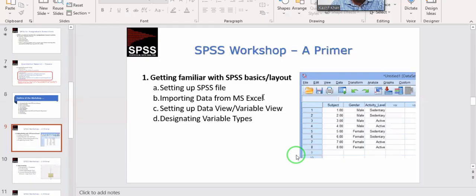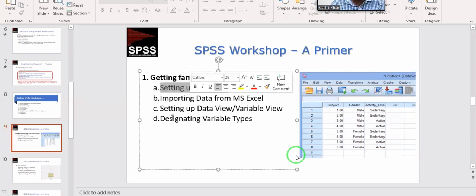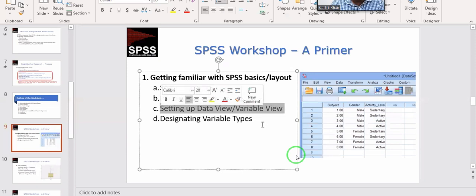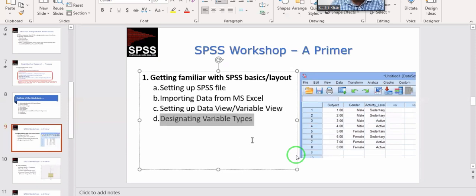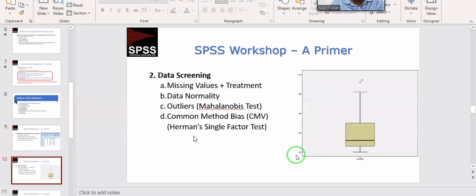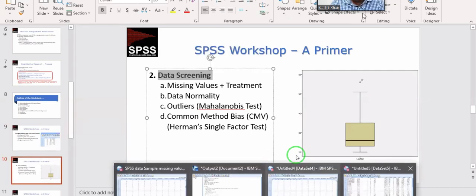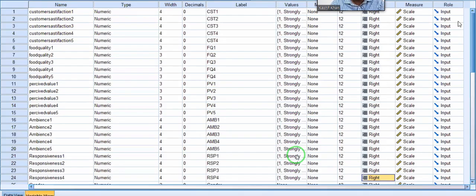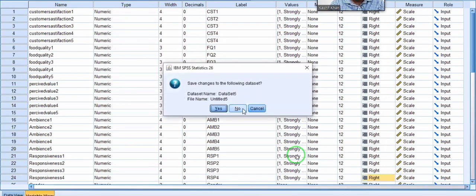So we're done with importing data, setting up variable view, and designating variable types. Now we need to move on to data screening. So let me close this sheet, because I already have this set up somewhere.